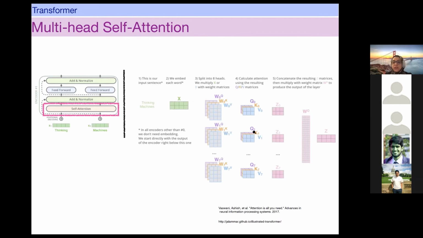For every query, key, and value, we calculate its Z, and then we concatenate these Zs together, multiply by a weight matrix, and we have the output. This is the first multi-head self-attention. Again, we have multiple heads because they represent different feature representations. And now the output has the same dimension as the Z we want because we multiplied by this huge weight matrix.